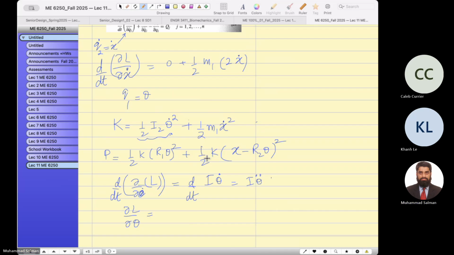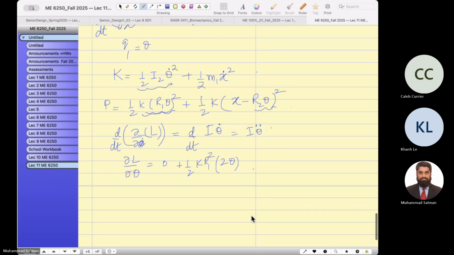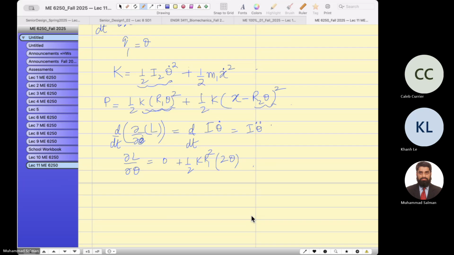So this term possesses theta, this term possesses theta. There is no theta term here. This term is the first term, K minus V, so this is 0 here. But I can write down here with respect to theta. So look, half k r1 squared, so 2 theta. Agreed.